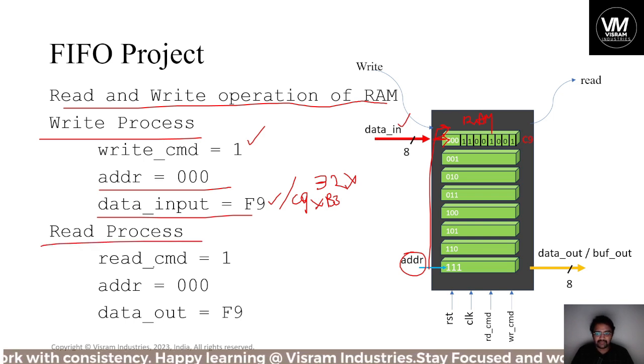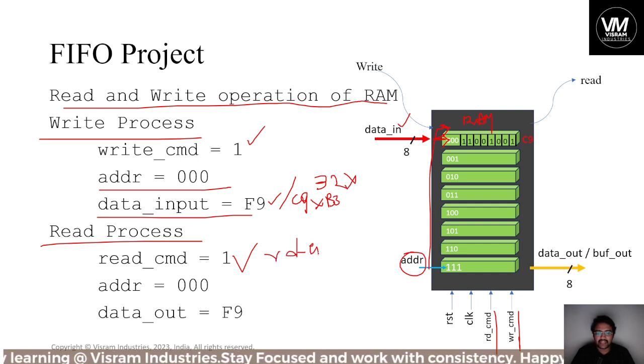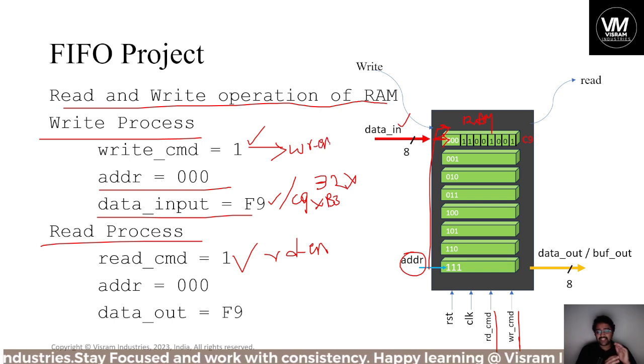Read process means a read command should be there, like read command signal and write command signal, or we can say the read command is equal to read enable, and the write command can be considered as write enable. Guys, I'm changing the names because you need to understand the logic is the same, but names change from example to example, and in various projects these names will change accordingly, so you should never stick to them.